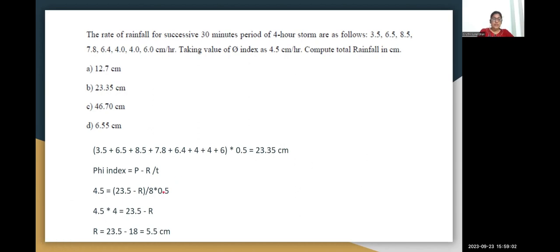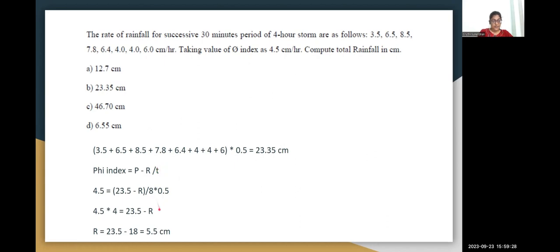Now the time here, when you see this value T, it is the total time. So the total time is 8 episodes of rainfall occurring every half an hour. So 8 into 0.5, 4 hours of total storm is occurring.